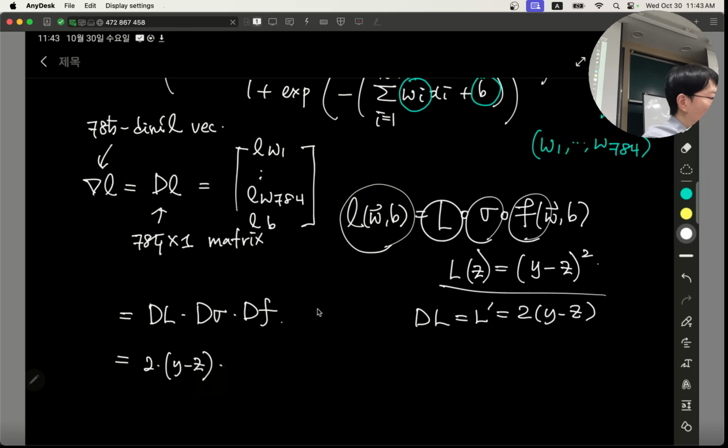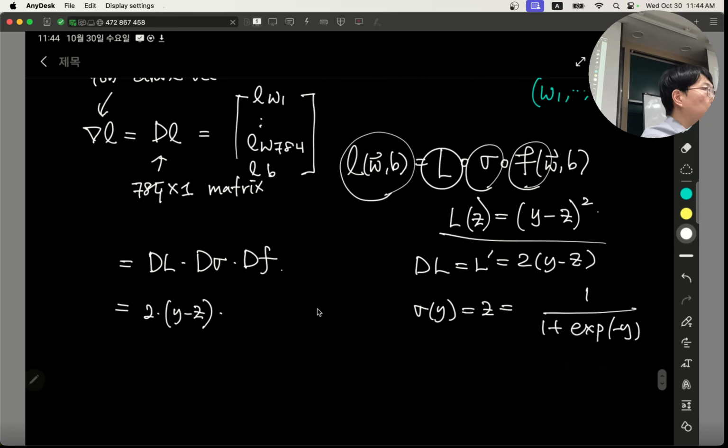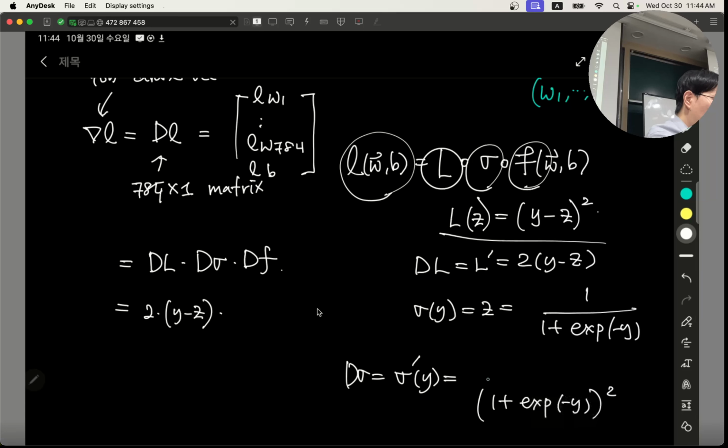And then what is d sigma? As I said, sigma sends y to z, where z is 1 over 1 plus e to the minus y. So it's also a single variable function. So d sigma is sigma prime of y, which is e to the minus y over (1 plus e to the minus y) squared, taking the differential with the denominator's derivative minus e to the minus y.